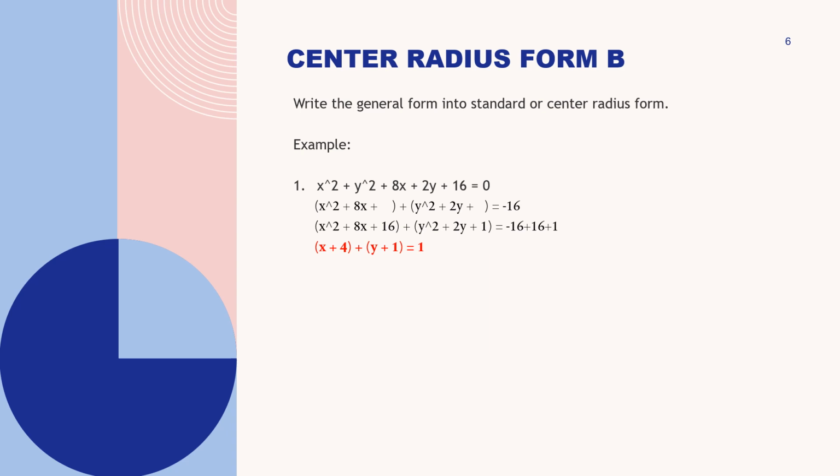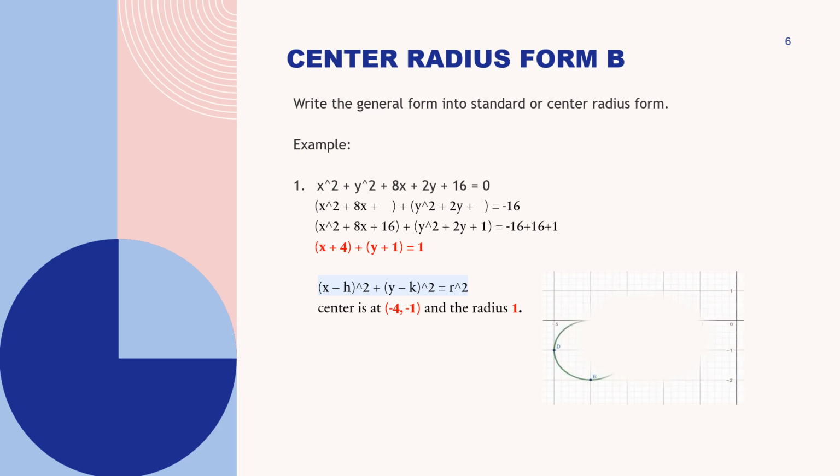From this standard form, we can now determine the h and k of the circle. So the center will be negative 4 and negative 1, since the signs in the equation are positive, and the radius is 1. To plot this on the graph, the center will be negative 4 and negative 1.